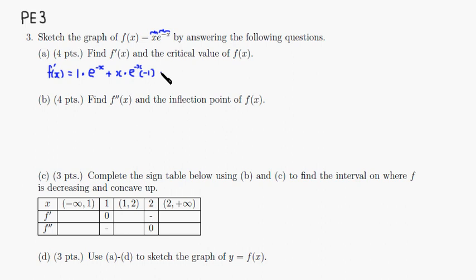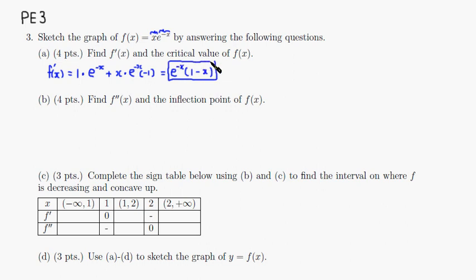So you have e to the negative x times (1 minus x). That's the derivative we're looking for.